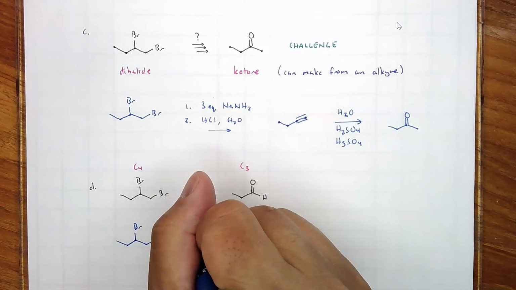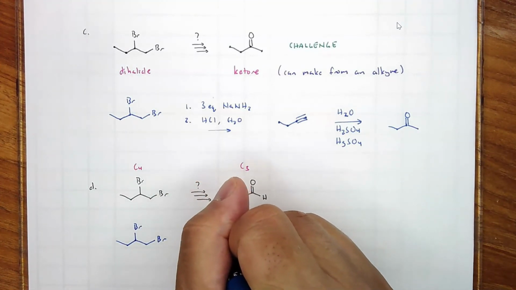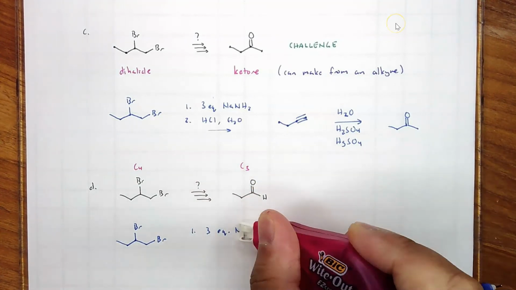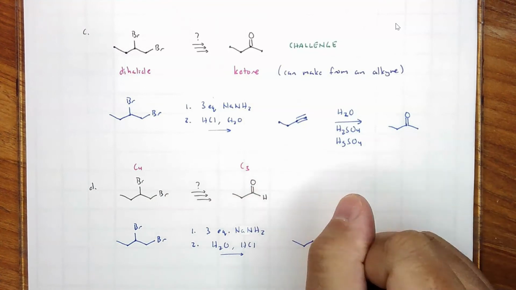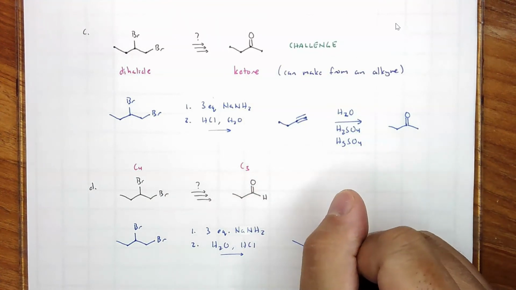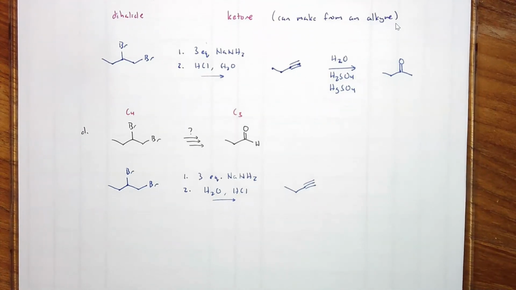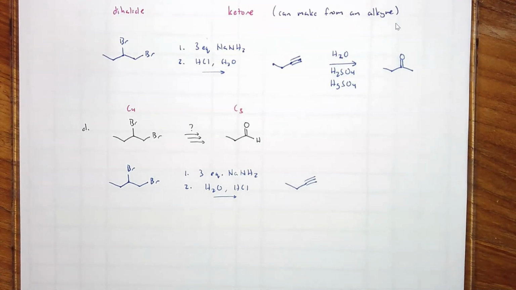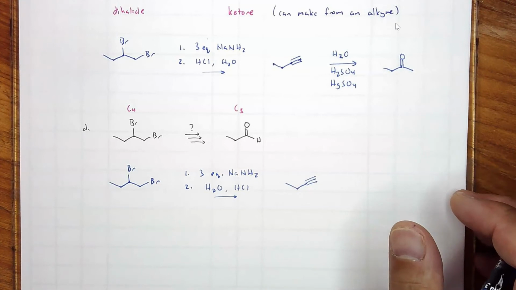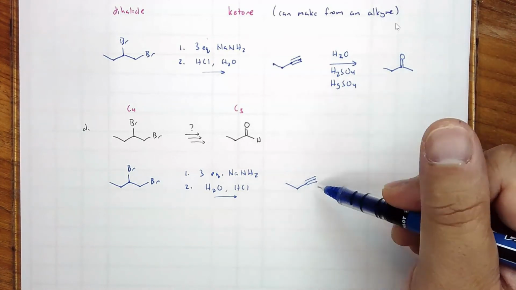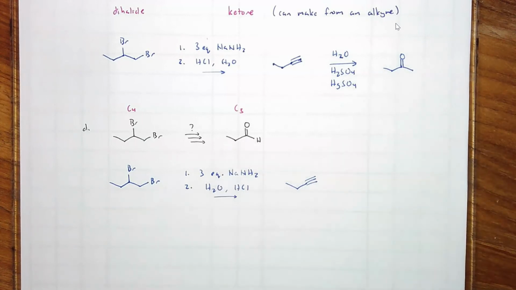Okay, let's practice our alkyne formation. You'll see why I want to do this. To break a carbon-carbon bond, I am going to use ozonolysis, an alkene reaction, because I know I could break a carbon-carbon double bond to get a carbonyl group, but we don't have a double bond.